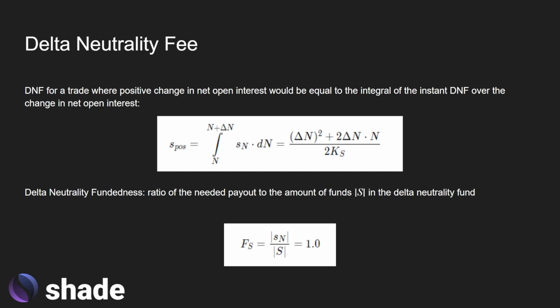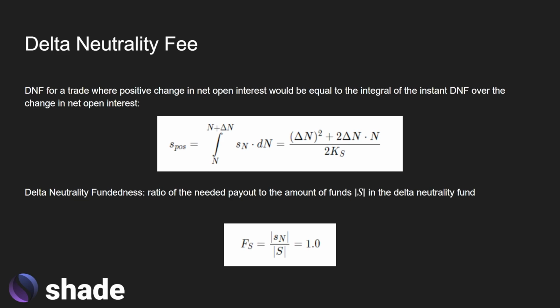So every time you have a change in predominant position overall within the protocol or within a particular market, this delta neutrality fund should be able to reset. So it basically would mean that there are zero funds in this wallet or smart contract to be distributed or received from traders, meaning that the protocol is effectively delta neutral.